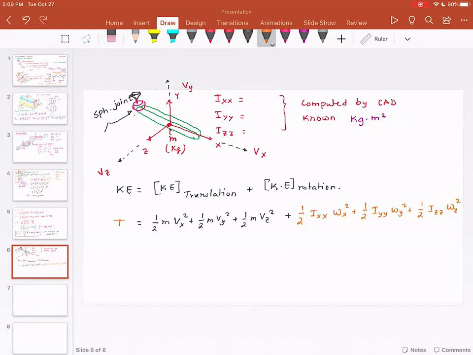Now let's find the potential energy. How do you find the potential energy in this particular case? One thing I want you to understand: potential energy is always about gravity. So find out in which direction the gravity is.